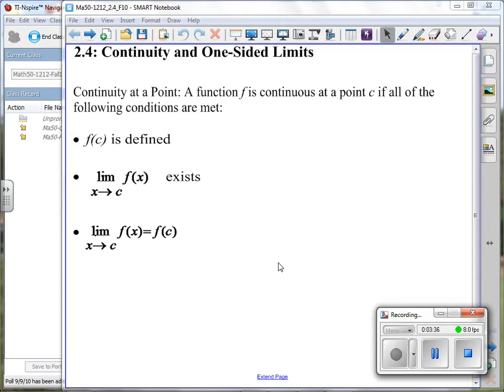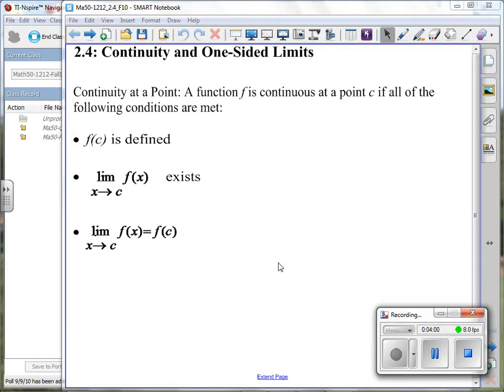Okay, we're going to hopefully take care of section 2.4 today, or at least most of it. Next week, we're going to look at whatever's left of 2.4, get into section 2.5, and I'm really anxious to talk to you about section 3.1.